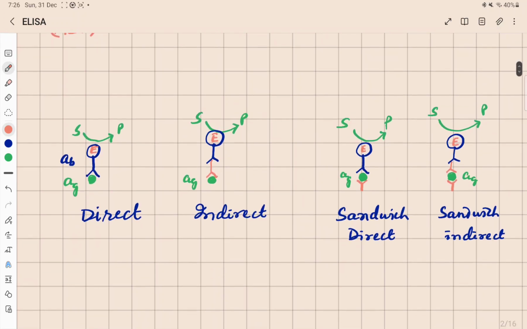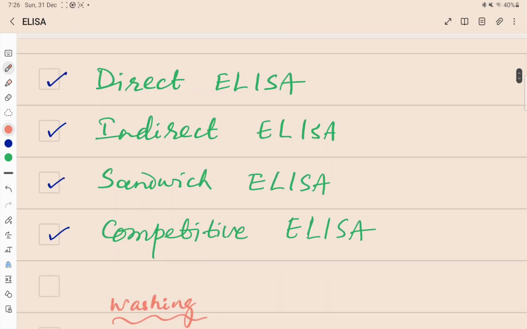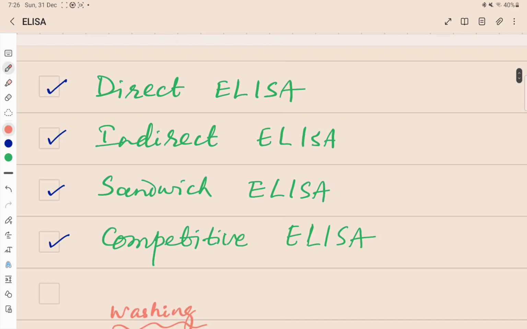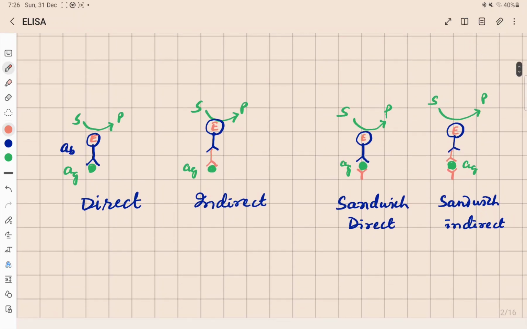Now let us see, there are different types of ELISA. There are basically four types: direct ELISA, indirect ELISA, sandwich ELISA, and competitive ELISA. Why do we call it direct ELISA?